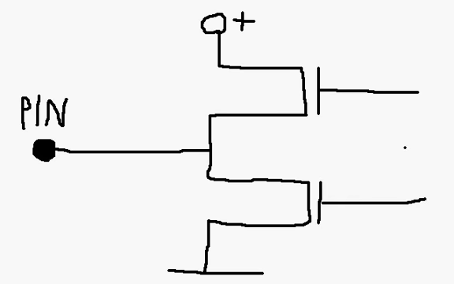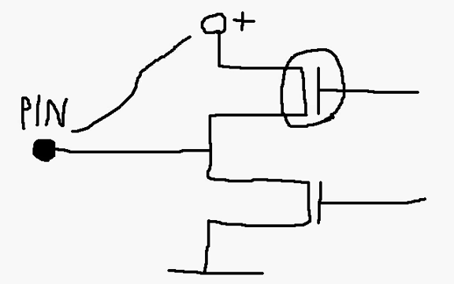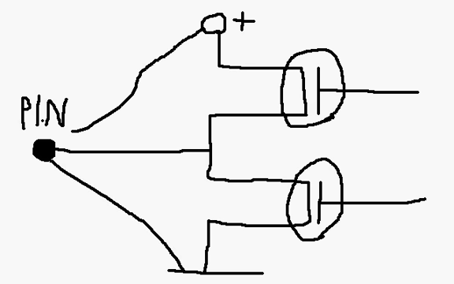So basically, this allows you to set that pin to be either high or low. If this MOSFET is turned on, then obviously the pin is connected to your positive supply and you get a 1 out. And if this one is turned on, then obviously the pin connects to ground and you get a logical 0 out.